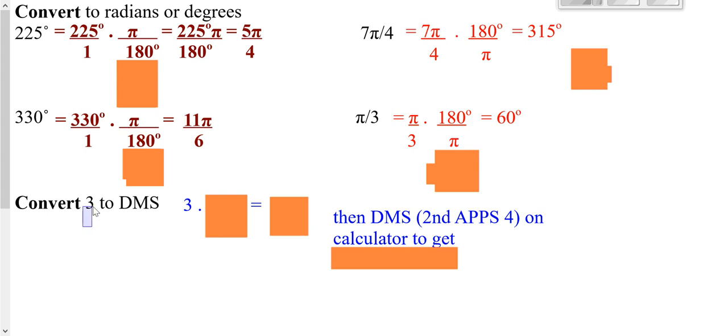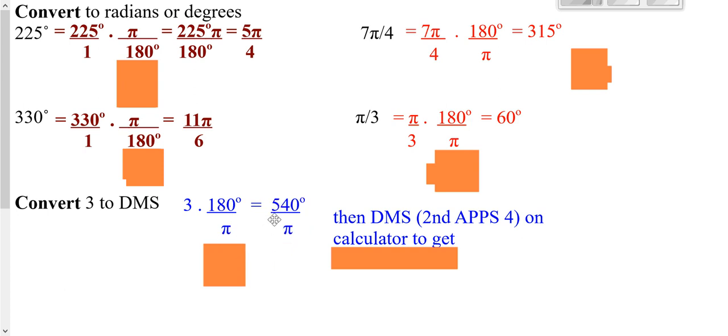Now, if we have something like 3 and we want to convert it to degrees, minutes, seconds, first of all, we have to take our 3 radians. We know it's not degrees because there's no degree symbol, and convert our 3 radians to degrees. That means we need to multiply by 180 degrees on top over pi as our special form of 1. We multiply the top and put it over pi.